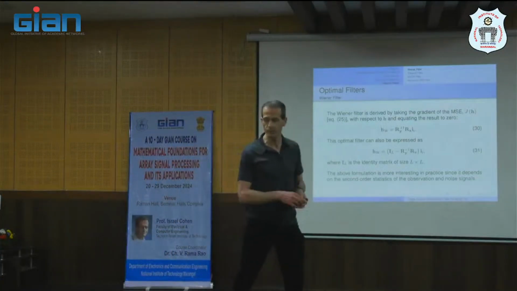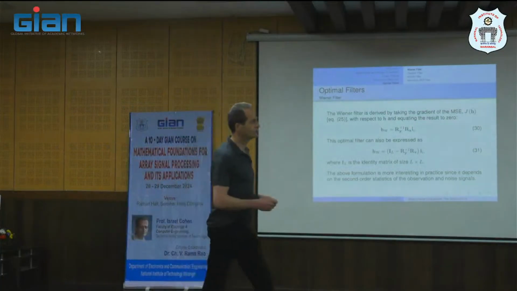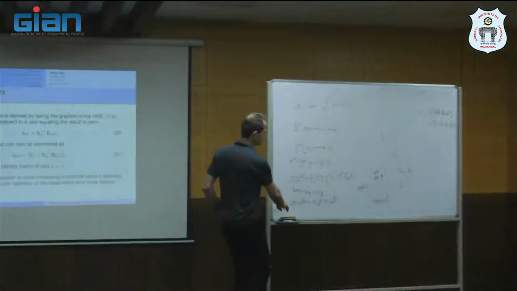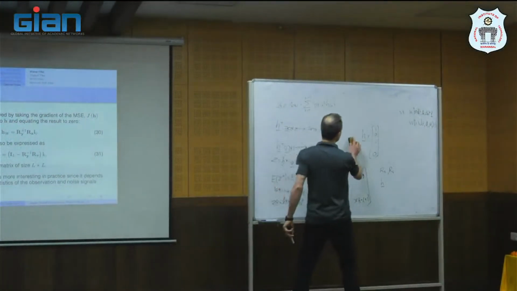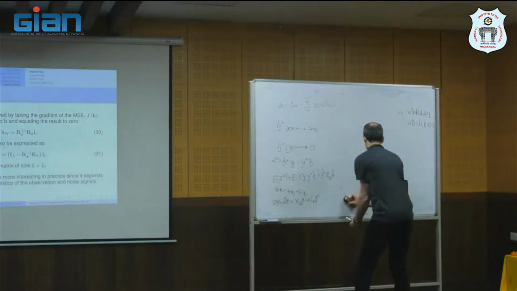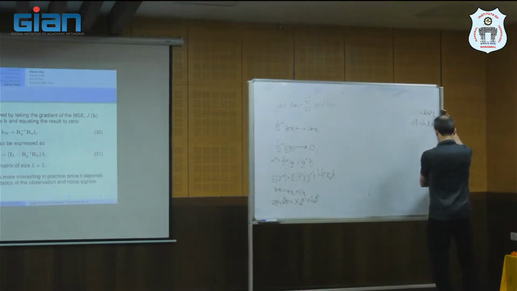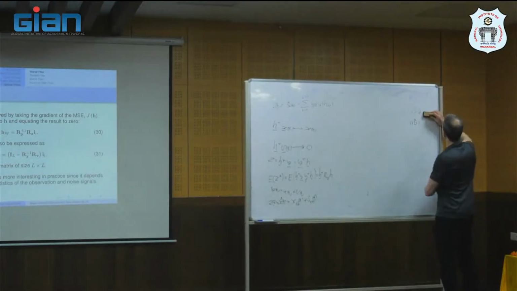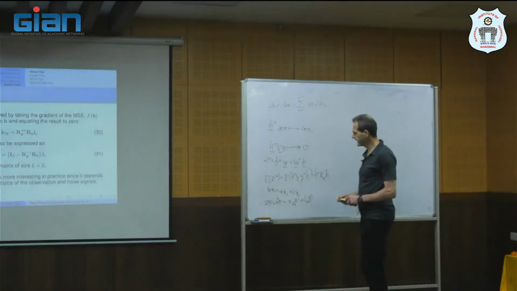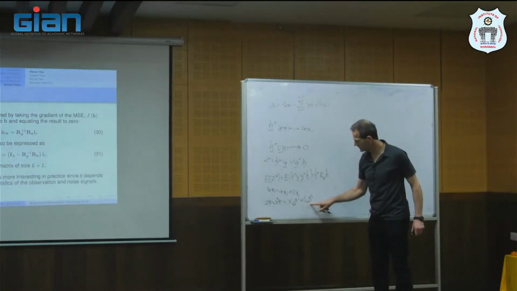So the mean squared error contains two errors. One is related to the distortion, and the other is related to the residual noise. Okay, so we said that Z equals X filtered desired plus residual noise.